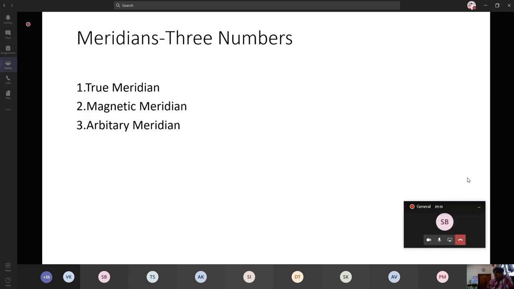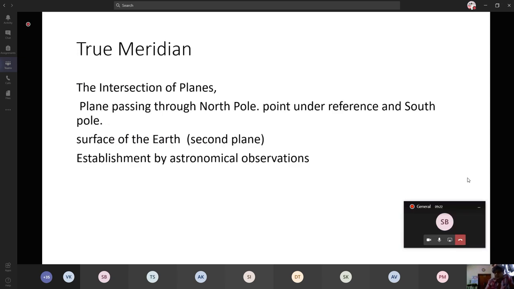Okay, so you cannot see a north pole or a south pole. Establishing it is done by what is called astronomical observation. The nearest star to our planet is the sun. So we do a sun observation, we do a spherical triangulation survey.